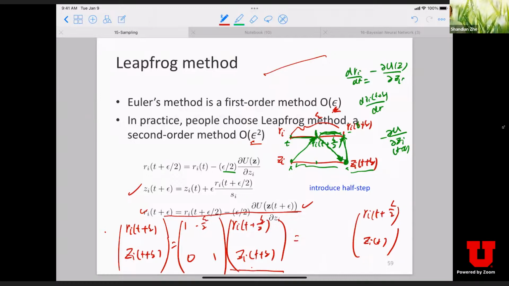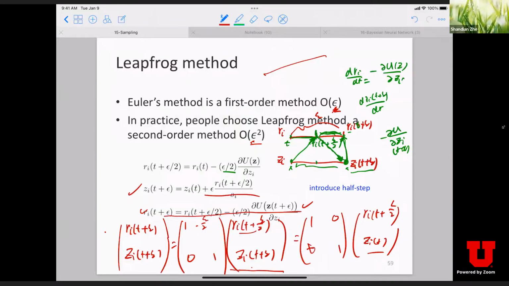This step is also a triangular matrix, because this one doesn't change. That means this is 1, 0, and this one is changed because this is the older step, so you're going to have something here times 1. So you can see this is still a triangular matrix, and the diagonal elements are 1.